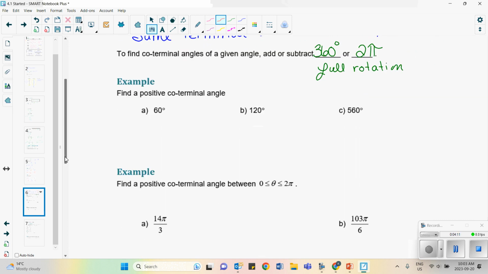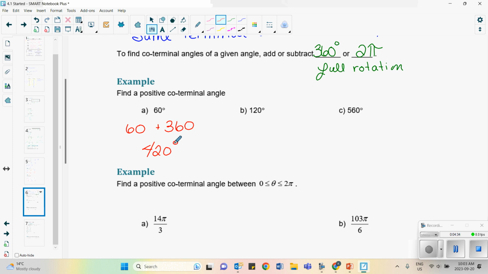Okay, so find a positive coterminal angle for 60 degrees. All I'm going to do is take 60. I'm not going to subtract because I want it positive. So I'm going to add 360 to it. And that's going to be 420 degrees.